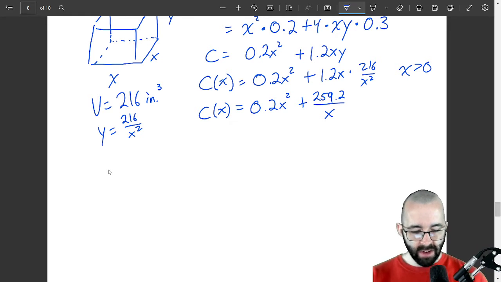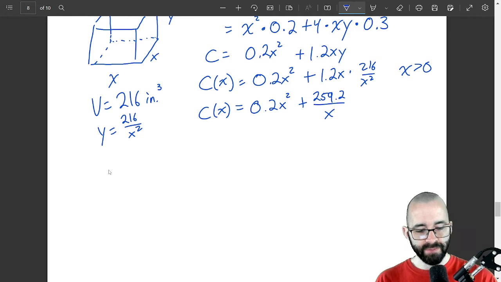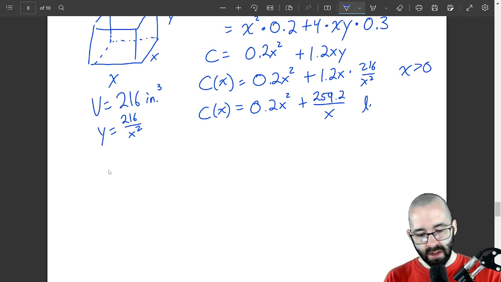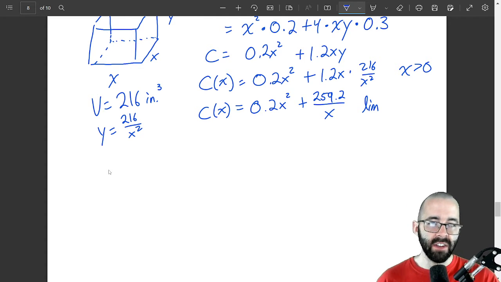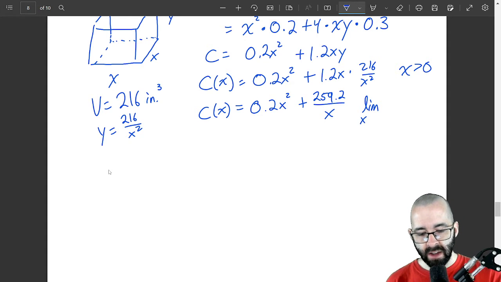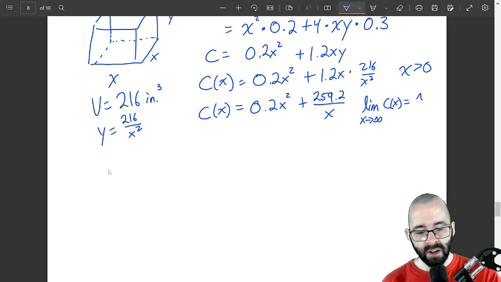Then we want to take the derivative of this, set it equal to 0, just like before, because really this is just a scaling of the surface area. We have to check both endpoints. And just as before, look at this cost function. As x goes to infinity, the cost goes to infinity.